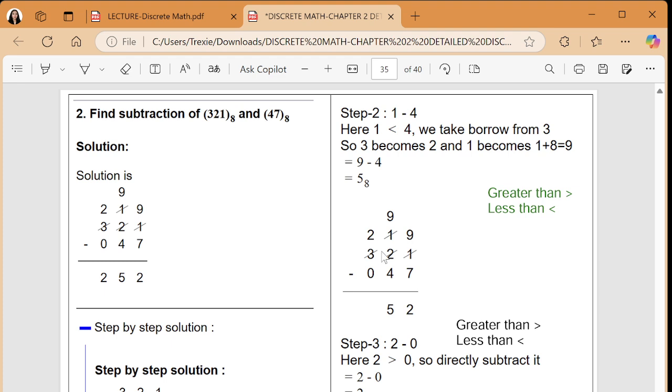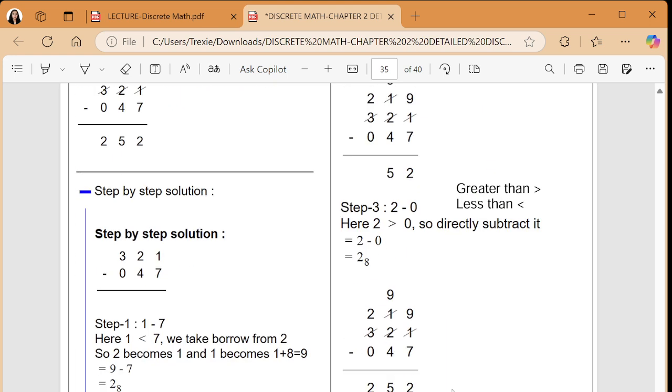So 9 minus 4 is equal to 5. Then 2 minus 0. Since we can directly subtract it, 2 minus 0 is equal to 2. So the final answer would be 252 in base 8.